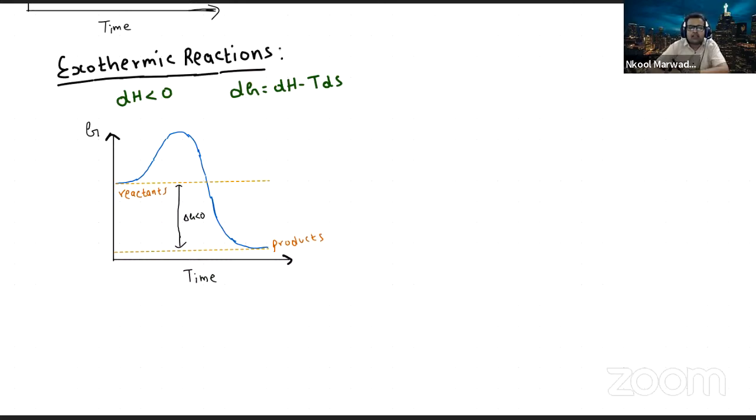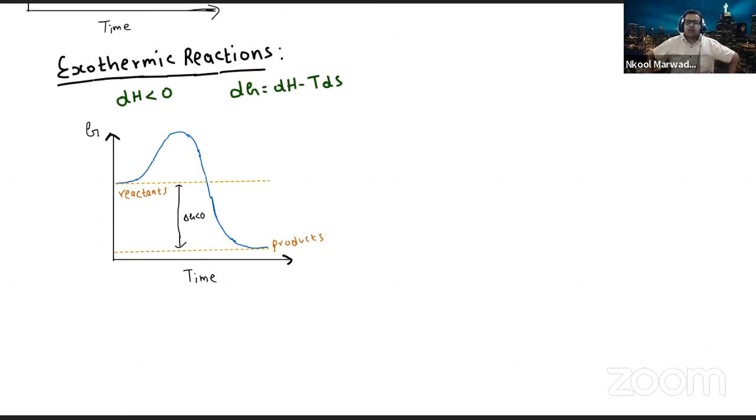And in order to make this exothermic reaction more powerful, somehow we have to avoid TdS becoming negative, like dS becoming negative. We have to avoid the decrease in entropy. If we have a process wherein an exothermic reaction is taking place and we are able to avoid the decrease in entropy, if we are able to keep the randomness of the system alive, then we can improve the efficiency of the process.